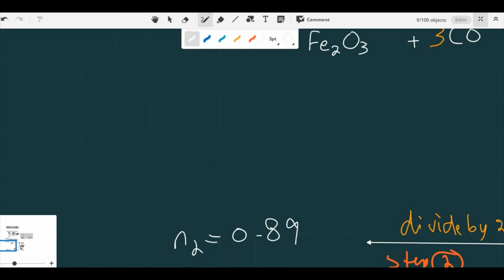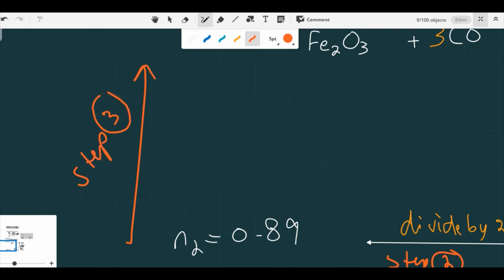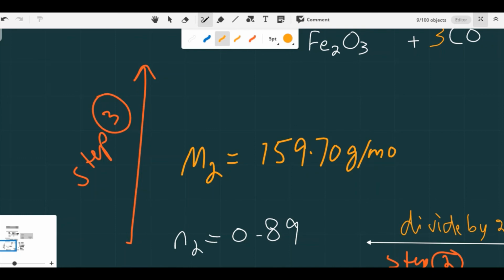In the case of iron oxide, now you need to find the mass. So it is step 3: by using the moles, we can easily find the mass of iron oxide. First we need the molar mass of iron oxide, which is 159.70 grams per mole.